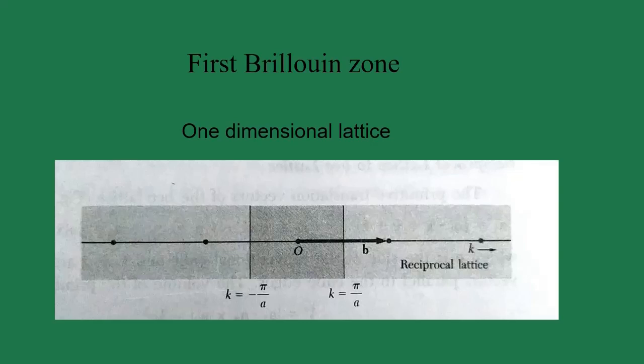Similarly, half of minus b is minus pi by a. Therefore, the first Brillouin zone has the boundary plus pi by a and minus pi by a. We know that the boundary is the perpendicular bisector planes drawn to the shortest reciprocal lattice vector. In this case it is b, because it is a one-dimensional lattice with only one direction.